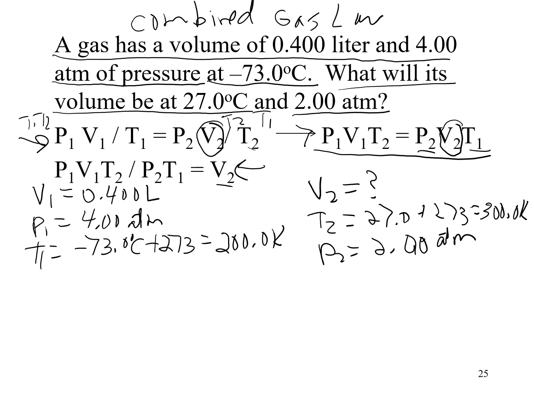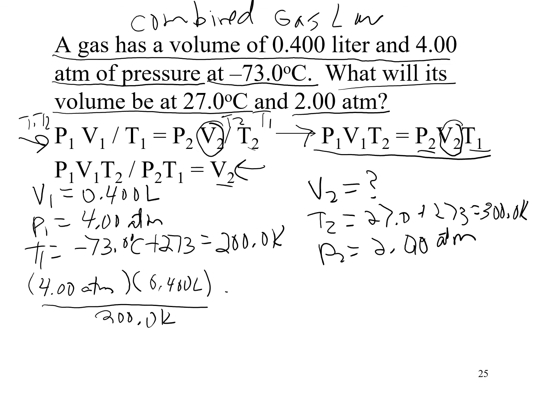So with my original formula, I have P1 is 4 atmospheres, and I have V1, 0.400 liters, divided by T1, 200 K, and that is equal to P2, which is 2.0 atmospheres, times V2, what I'm looking for, divided by T2, which is 300 K. Now I want V2 by itself.